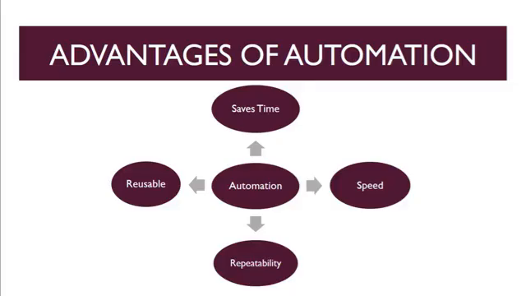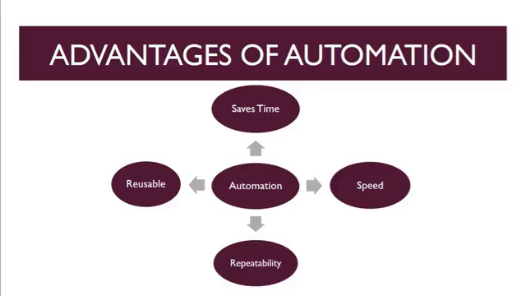And speed. As automation tests are run by a tool, they run much faster than human users, which adds to the benefit of saving time. And repeatability. The same test can be rerun in exactly the same manner, eliminating the risk of human errors by the tester. And reusable.